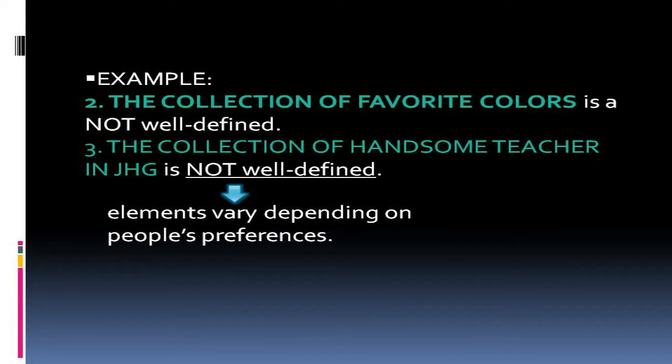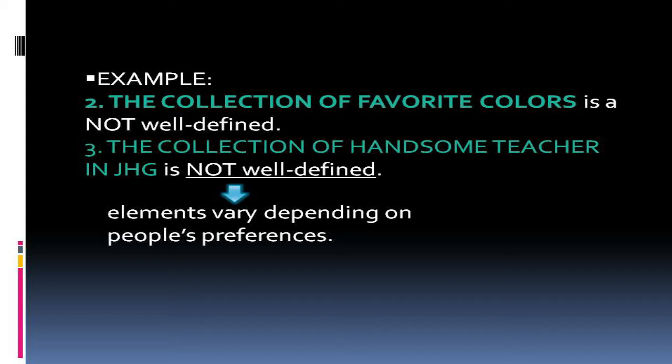Then we have another example. The collection of favorite colors. Is it a well-defined or not well-defined set? The collection of favorite colors is not well-defined because your favorite colors may not be your classmates' favorite.